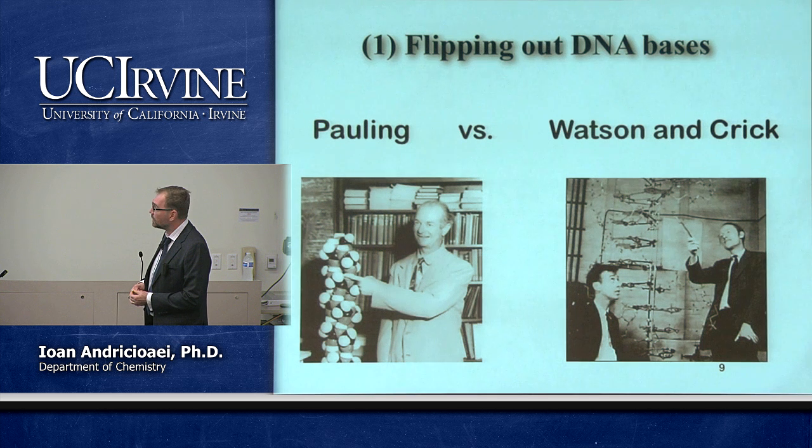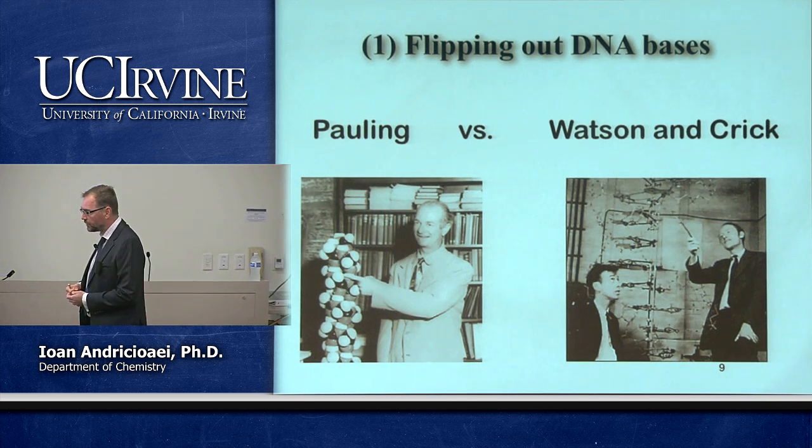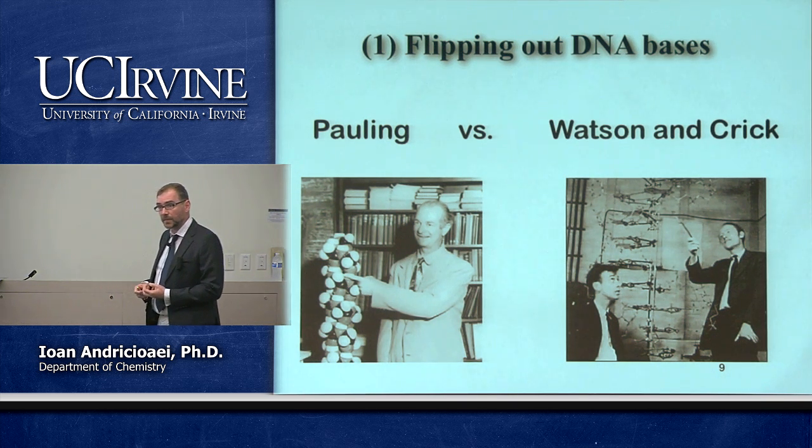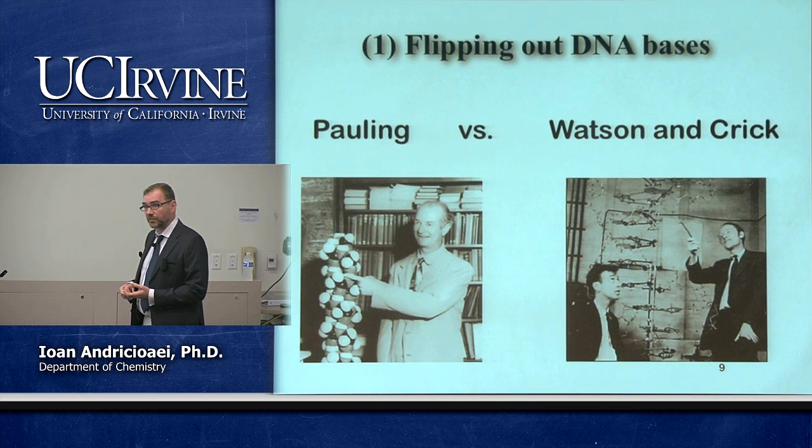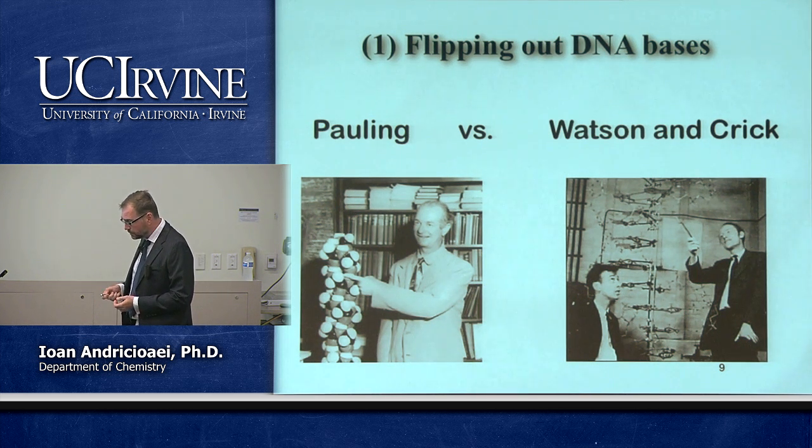In the 50s, at King's College, Rosalind Franklin started to produce really detailed X-ray photographic pictures of DNA.